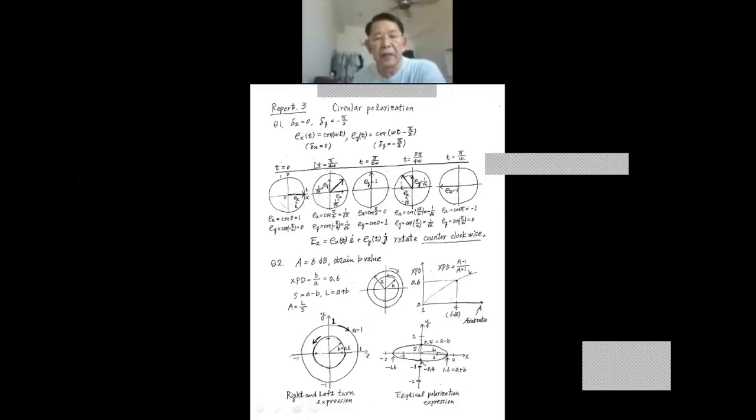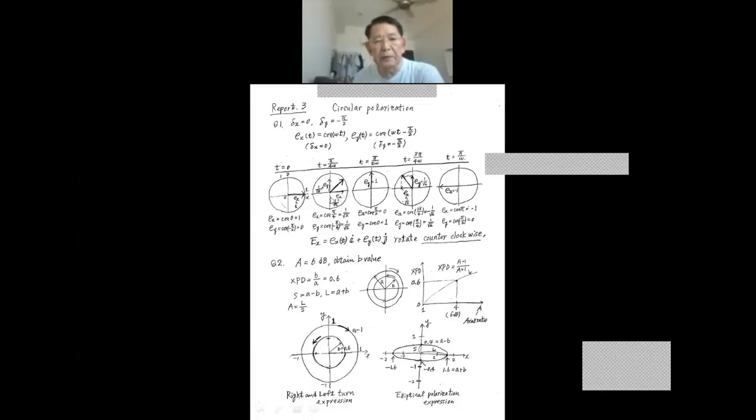Next, at t equals pi divided by 4 omega, Ex is cosine quarter pi, equal to 1 divided by root 2. And Ey is quarter pi minus half pi, which becomes minus quarter pi. It also becomes 1 divided by root 2.